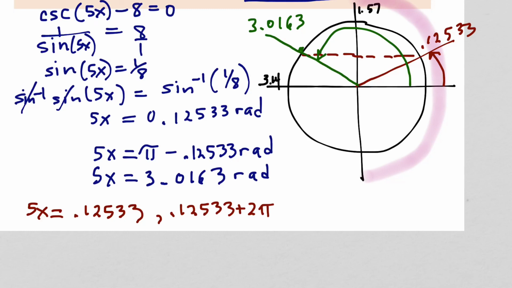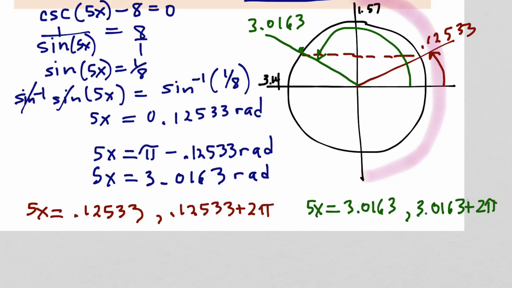Let's do the green one as well. I'm going to have 5x is equal to this angle, 3.0163. And the next largest would be 3.0163 plus the coterminal angle that comes next, add 2 pi.